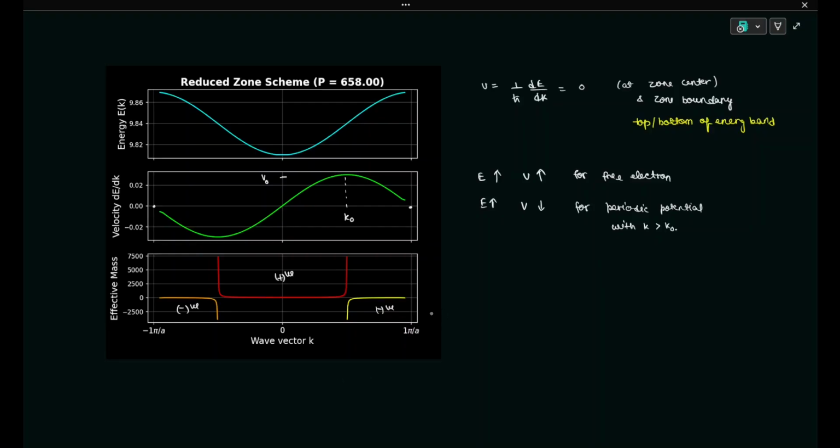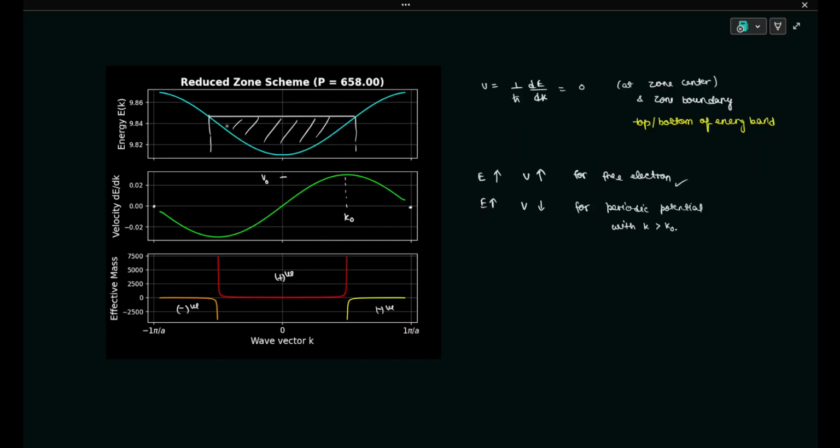So therefore, in the band picture, this is the lower half of the band, and in this band the velocity of the electron behaves similar to a free electron, but above this the velocity of the electron decreases with increasing energy.